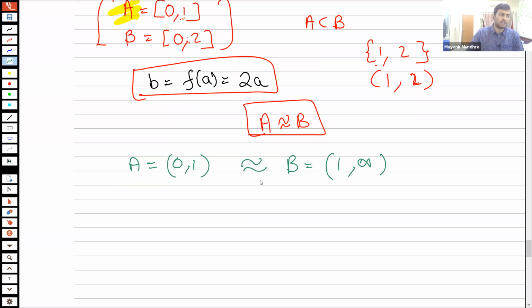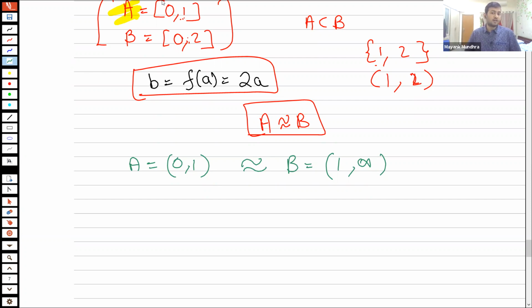Spoiler alert. Maybe this comes as a surprise to you. It came as a surprise to me when I first read it. So I'm making the job easier: the answer is that A and B have the same cardinality.